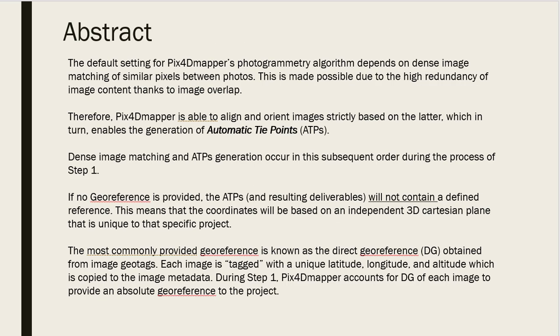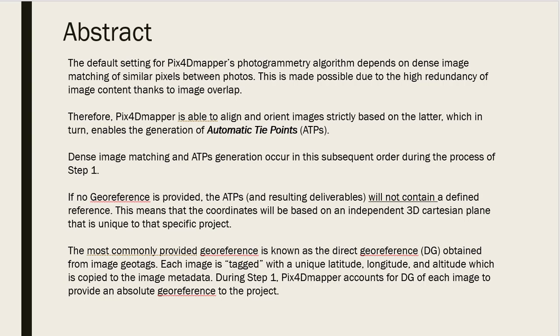The default setting for Pix4D Mapper's photogrammetry algorithm depends on the dense image matching of similar pixels between the photos. This is made possible due to the high redundancy of the image context thanks to the image overlap.